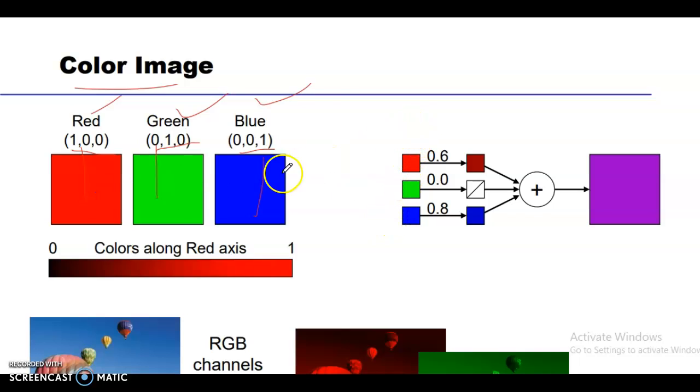Colors along the red axis from 0 to 1, increasing: approximately 0.25 of red, 0.5, 0.75, and 1 is pure red.